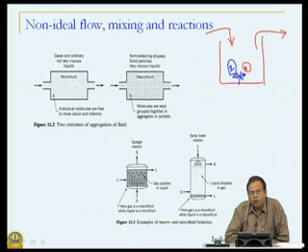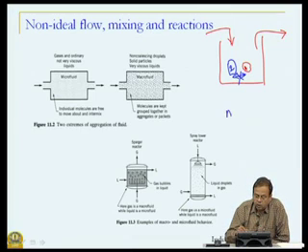So, we have to worry about not only the residence time distribution, but the quality of mixing in the reactor, and this gives rise to the idea of what we call micro mixing.